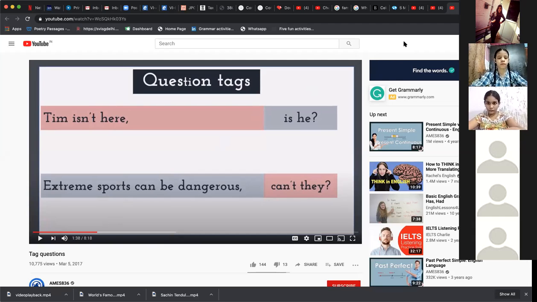Firstly, we have to find a helping verb. If the helping verb is negative, we change into positive. If it is positive, we change into negative short form, like can is changed into can't. And then after the forming of the question tag, the end word will be a pronoun only. We can use only a pronoun whether it is negative or positive. Any doubt till here? Anyone?